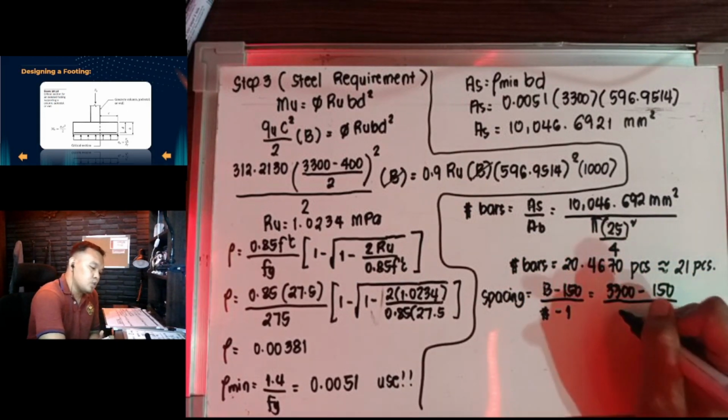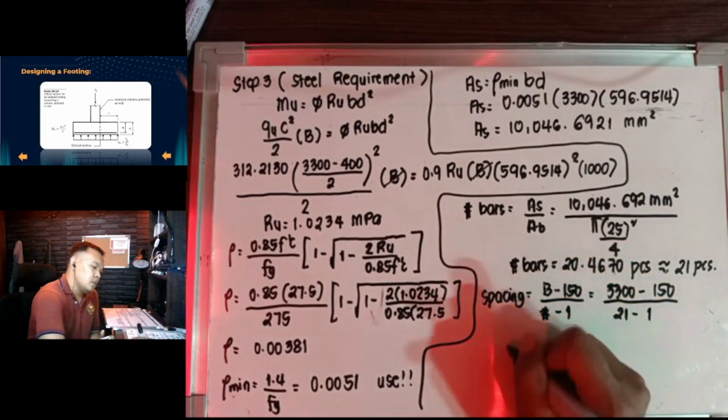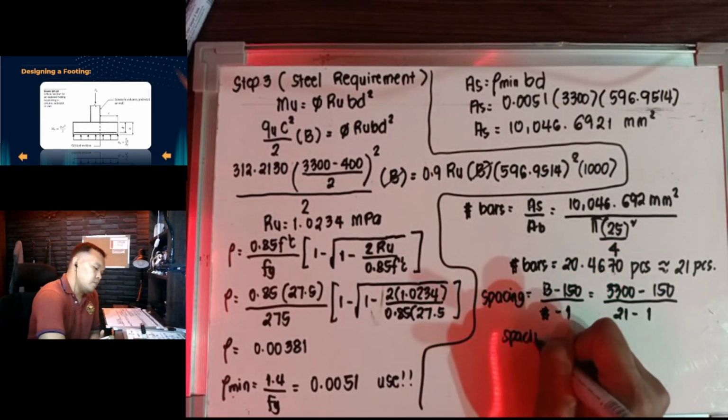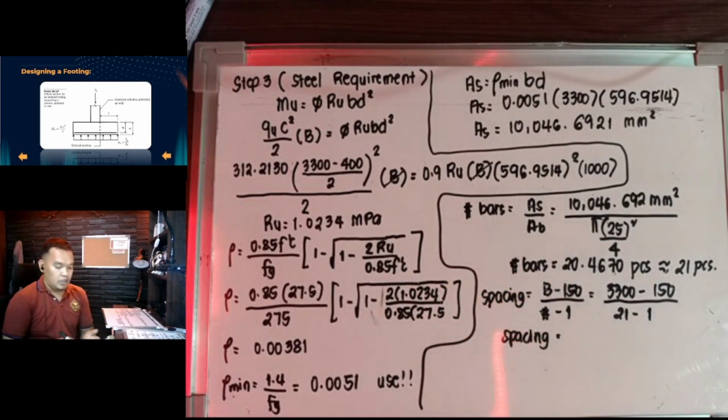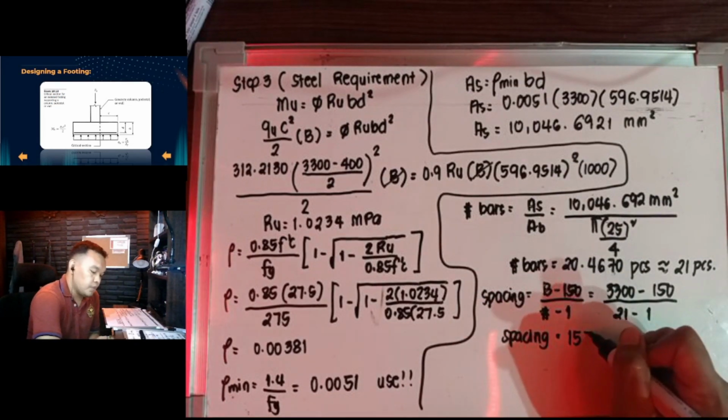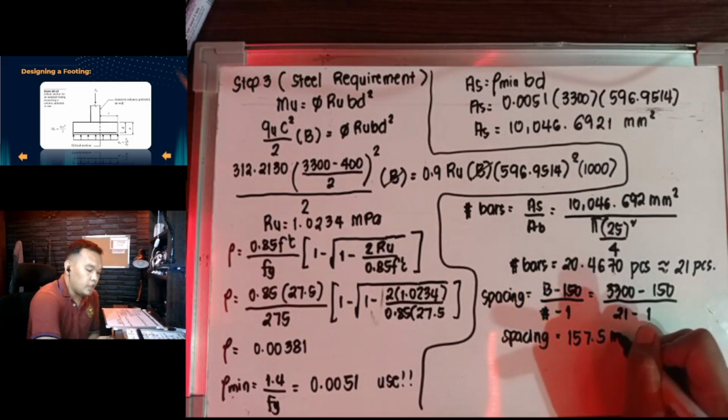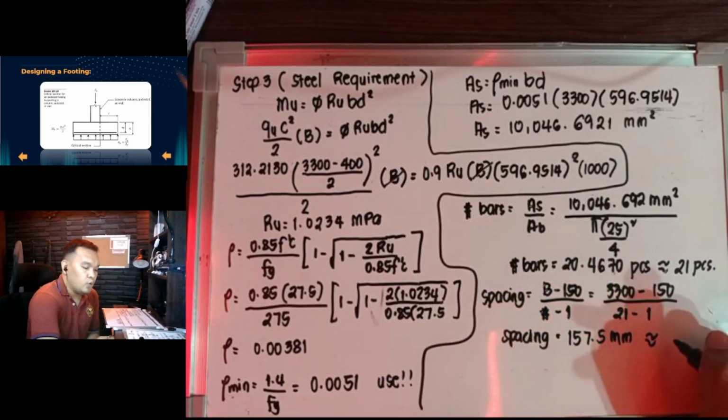So spacing is 3,300 minus 150 all over 21 minus 1. We have here a spacing of 157.5 mm. Say 150 mm.